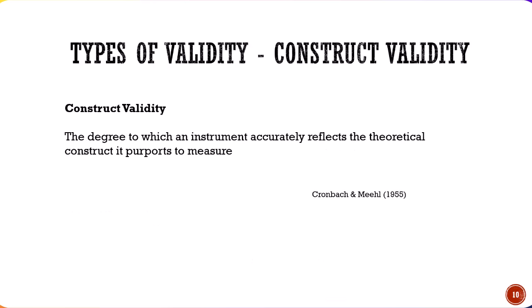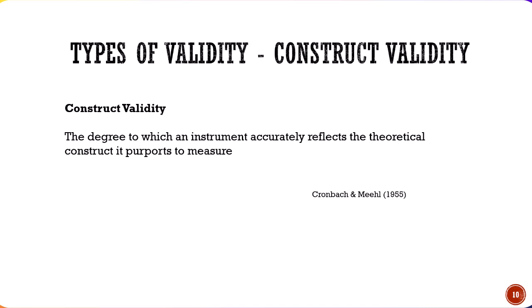So we have different types of validity, where we have construct validity, criterion related validity, among others. When we look at construct validity, we are looking at the degree to which an instrument accurately reflects a theoretical construct.